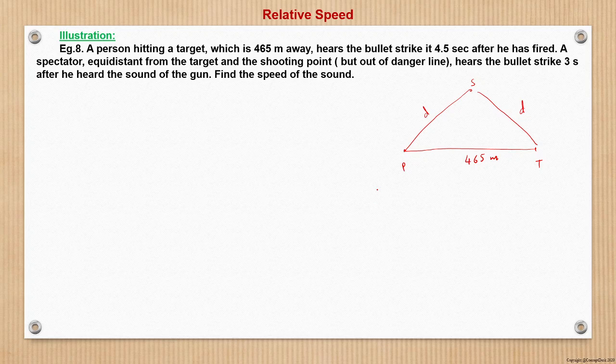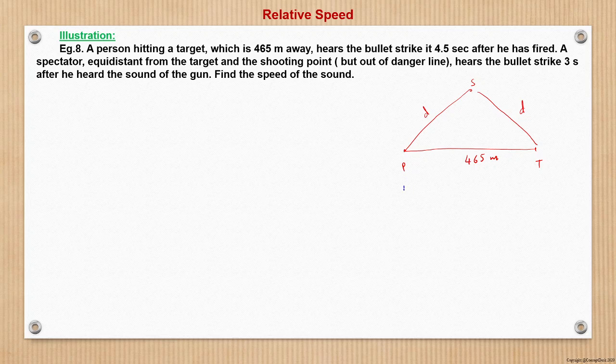Now see, when the person fires the bullet, it is given that the same person hears the bullet strike the target after 4.5 seconds. So what would happen? First the person fires the bullet.